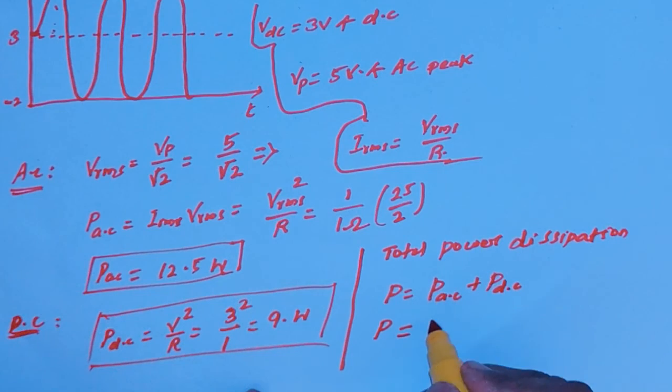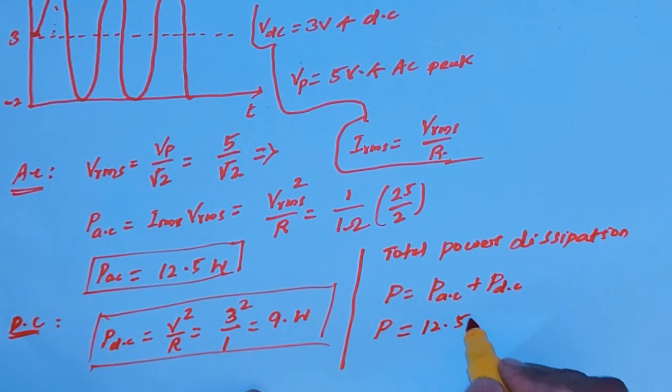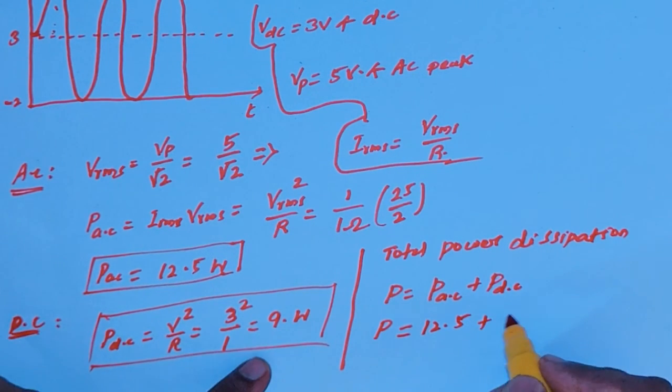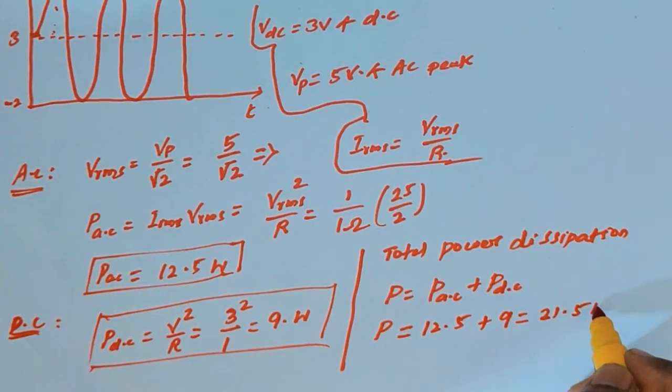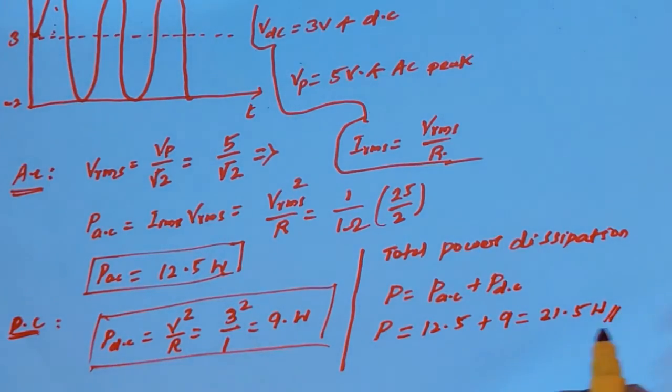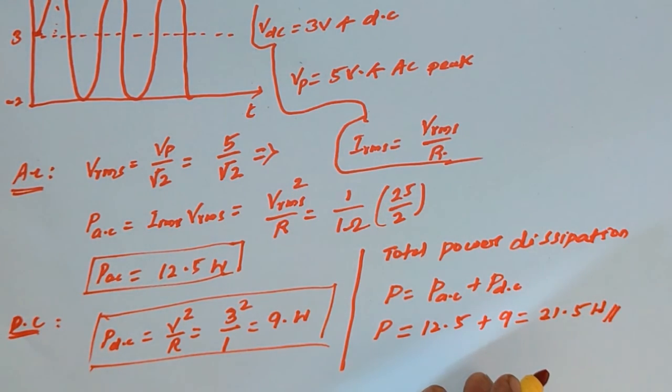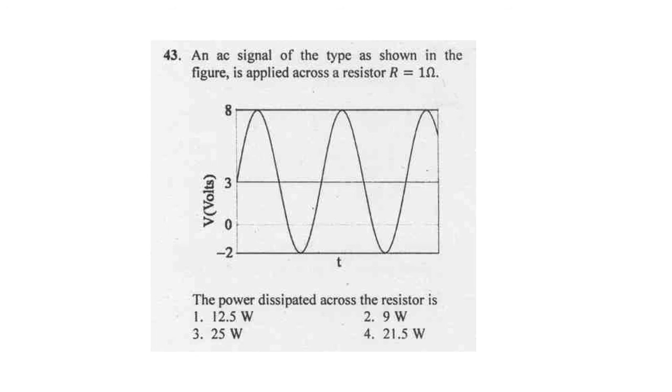Due to the AC we got 12.5 watt, plus due to the DC we got 9 watt. If I sum up these two quantities, you will get 21.5 watt. This is the total power dissipated due to this AC signal across the resistor. So from our calculation, the answer would be 21.5 watt. The fourth option is the right answer.